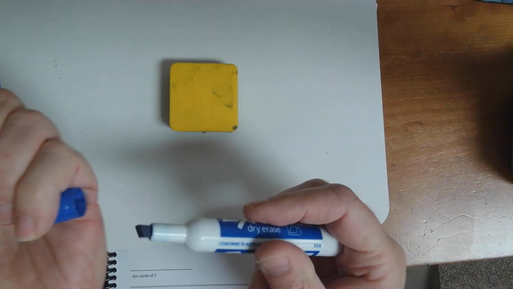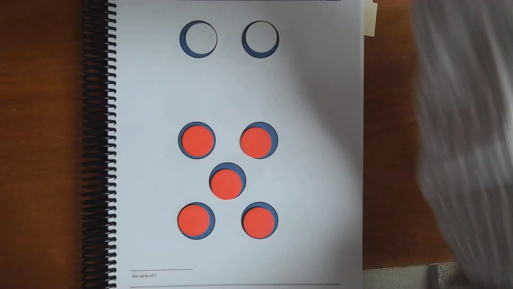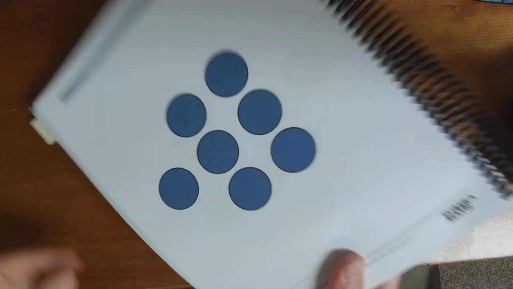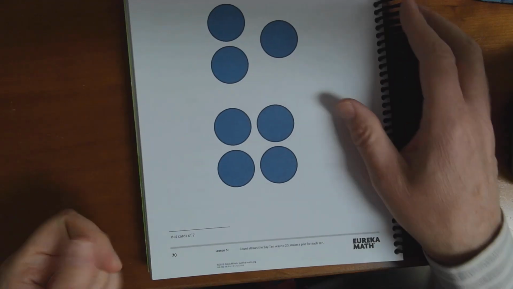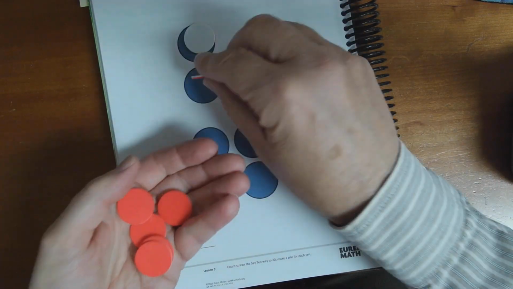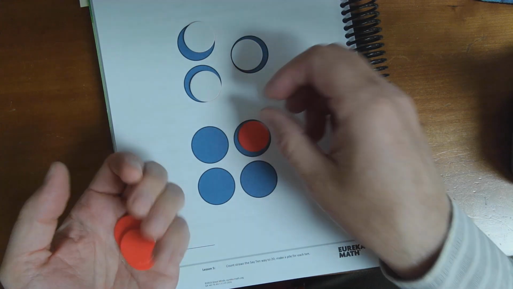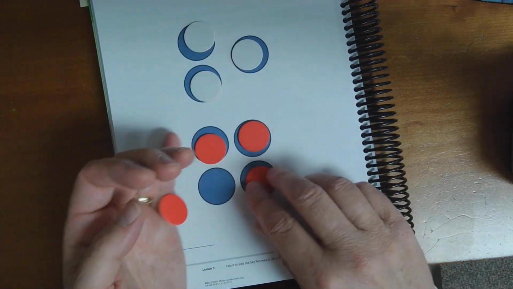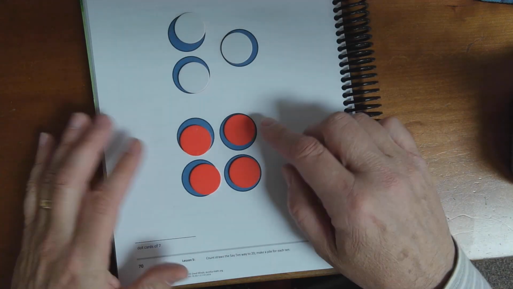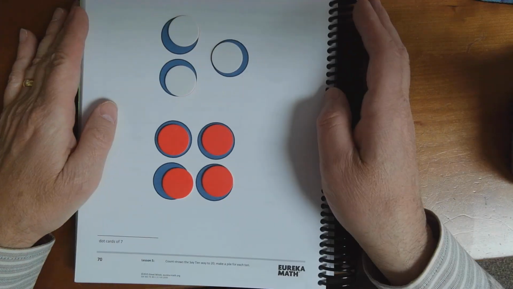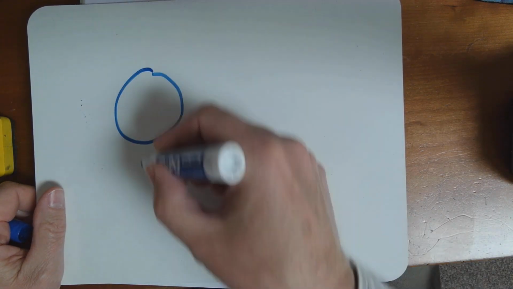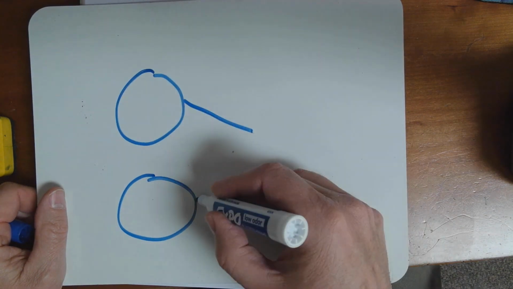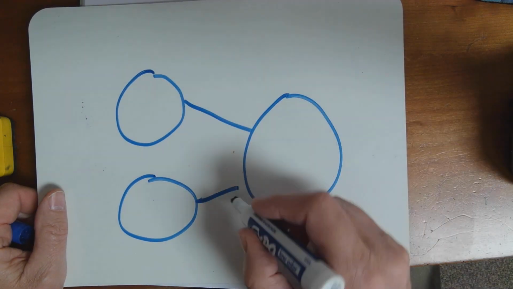Okay, let's grab another one. Yeah, this one here is perfect. There's one group, and there's my other group. 3 and 4. Okay, so let's jump over here and do another number bond. Let's do a number bond like this. Part, part, whole.